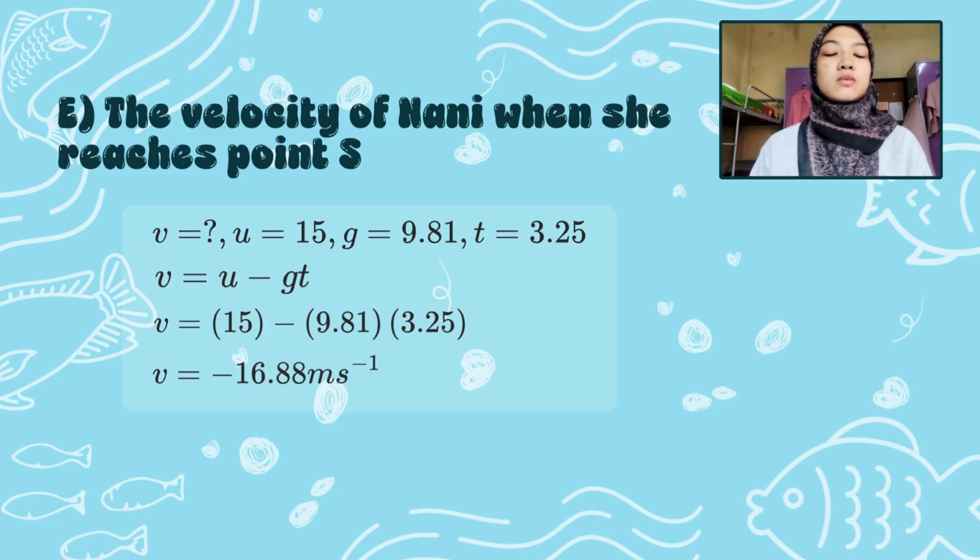Then we substitute the U, G and T in the formula. Then we get V equal to negative 16.88 meters per second. The answer is negative because Nani is moving downward.